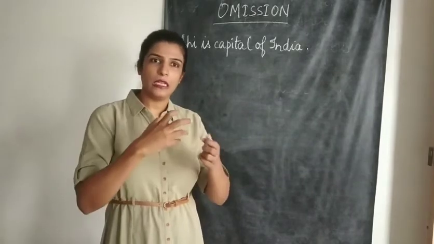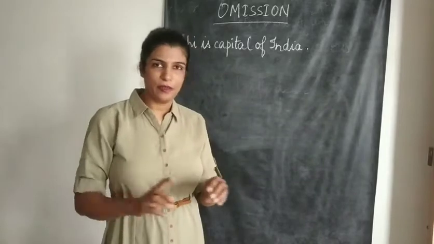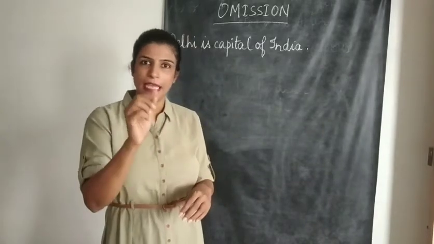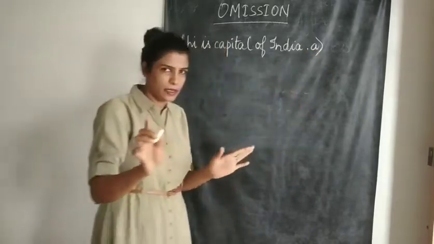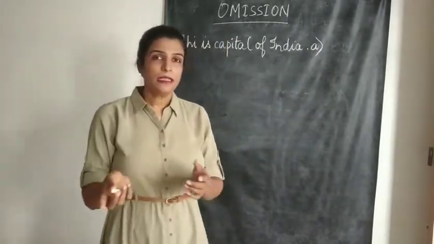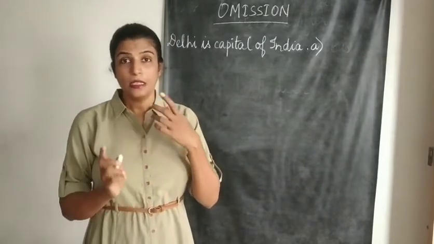Now in English, the same kind of paragraph will be given as I had given you for editing, and blanks A, B, C, D will be given the same way. But the way it has to be solved changes. Now listen to me carefully.